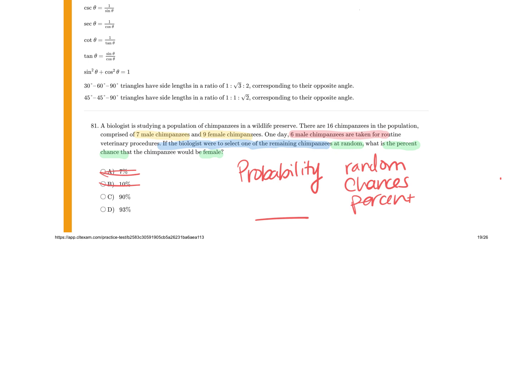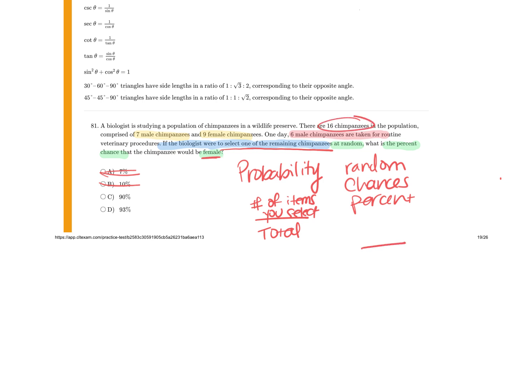The denominator is usually the total, and the numerator is the number of items or persons, whatever it is that you're selecting, marbles, it could be any type of item you select. So in this case, we want to select a female out of the remaining chimpanzees.